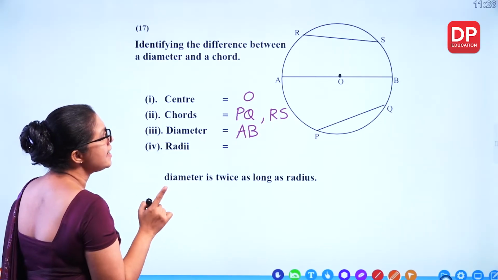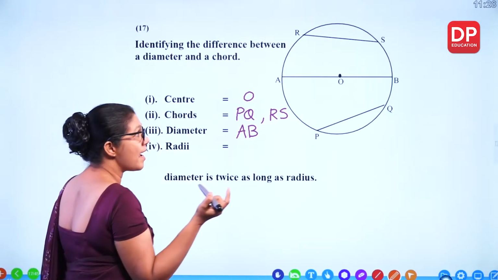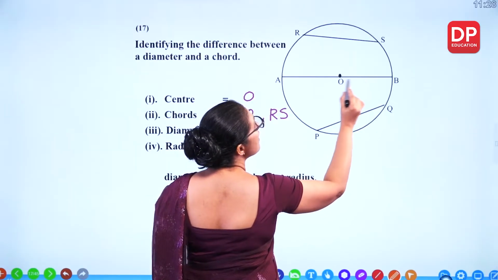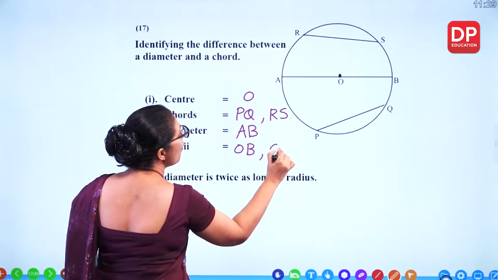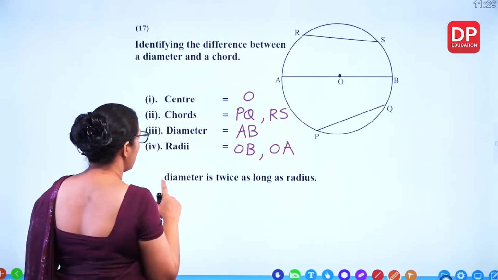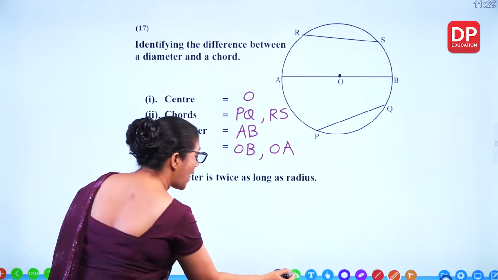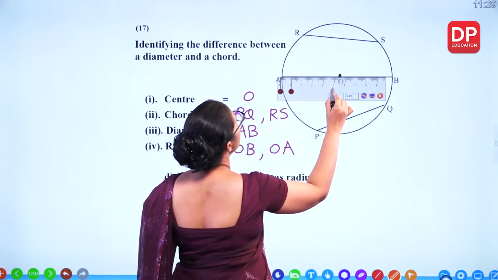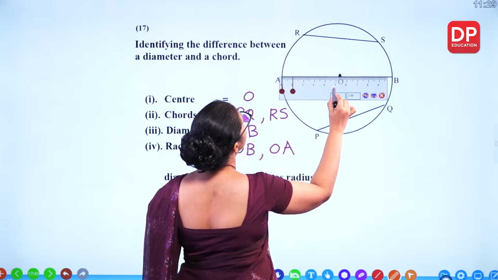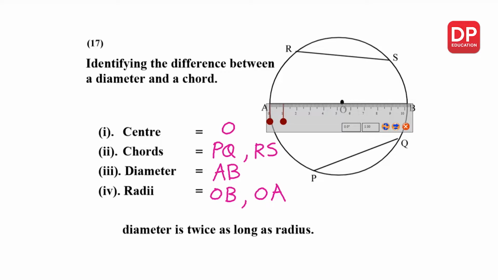And what are the radii? The plural word for radius is radii. So we can say O to B, that's OB, or OA. Diameter is twice as long as radius. We'll find out by measuring the lengths. We'll find out what's the AB length. We get AB length as 10.2.